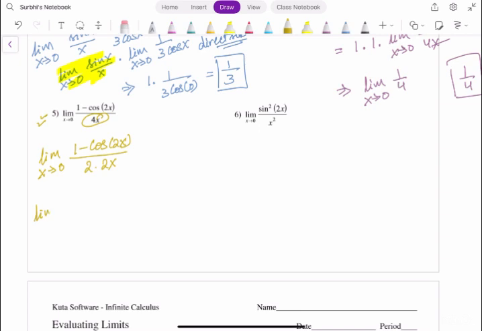Now let's write two different limit notations. The limit of 1 minus cos 2x over 2x, times the limit as x approaches 0 of 1 over 2, and this is nothing but a 0. So 0 times 1/2 will just give you a 0.